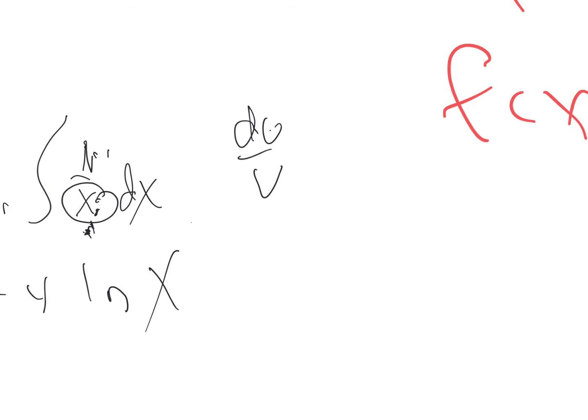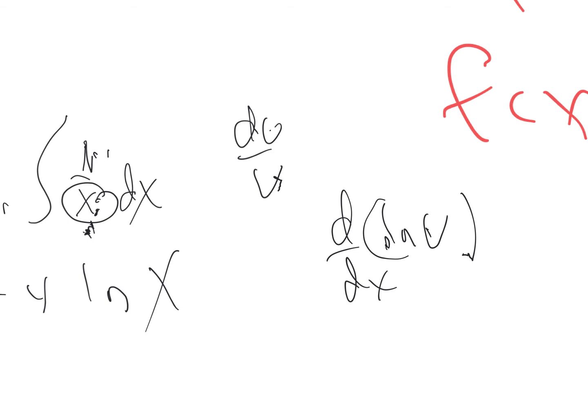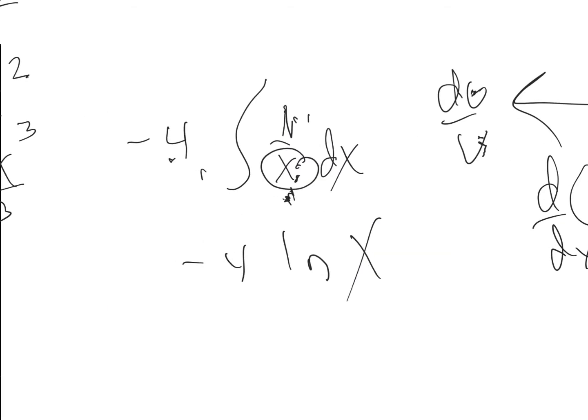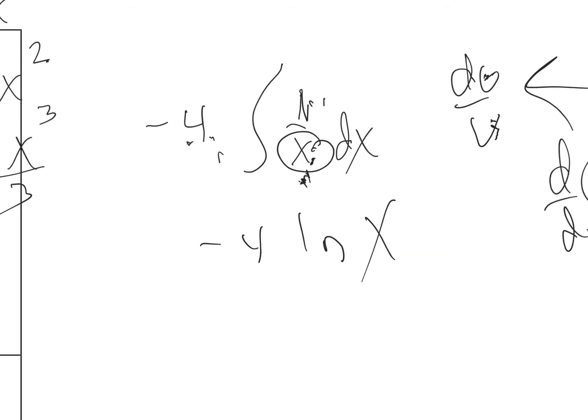Whenever you see du over u, then we were doing the derivative with respect to x of the natural log of u. If I take that constant of negative 4 out and leave just a 1, and I call my x my u, the derivative of x is 1, perfect.